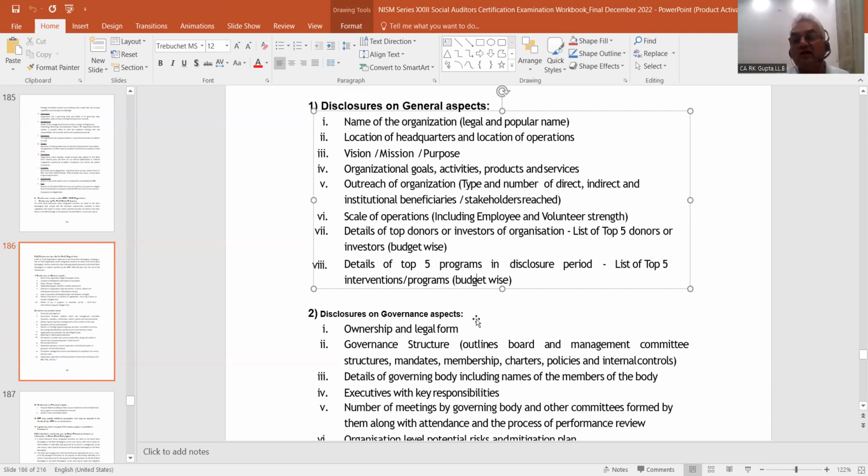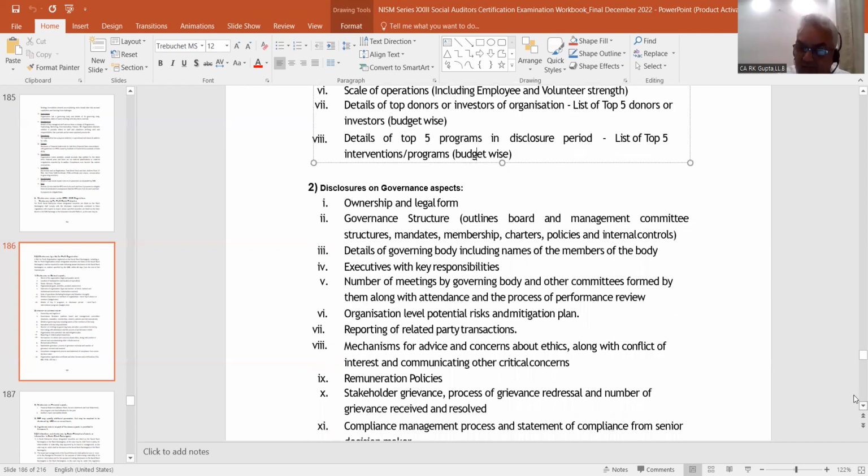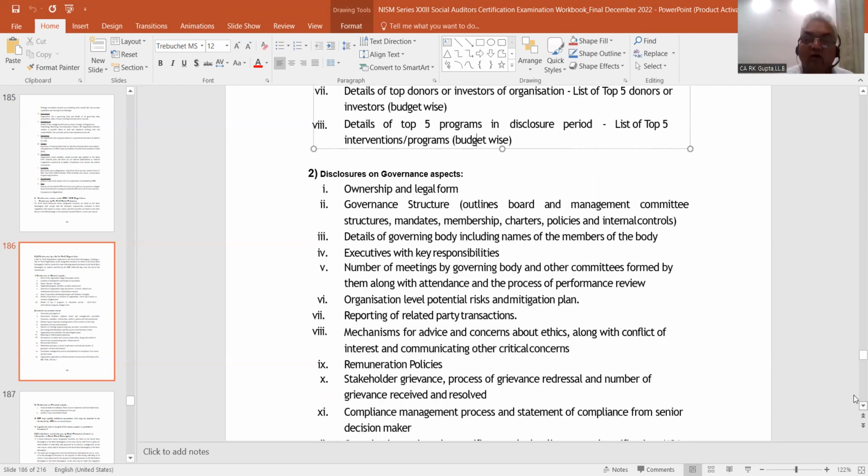Then disclosures on governance aspects. So regarding governance, how will it be different from general aspects? Basically, it will be covering the governing body, say board, management, ownership, and legal form.